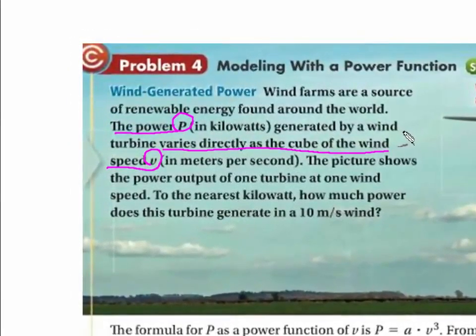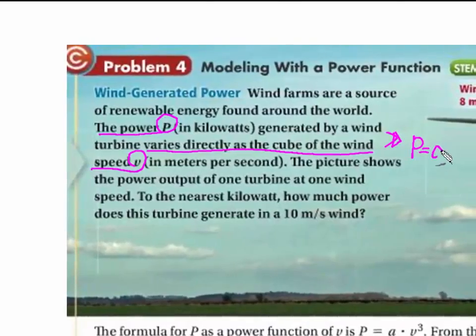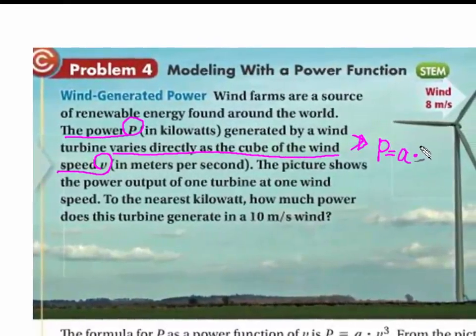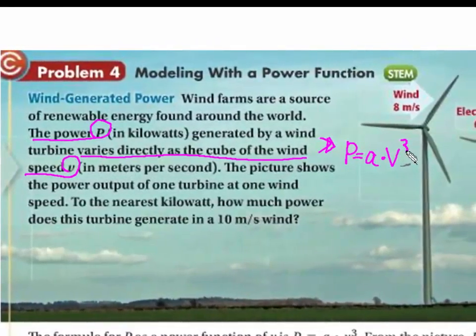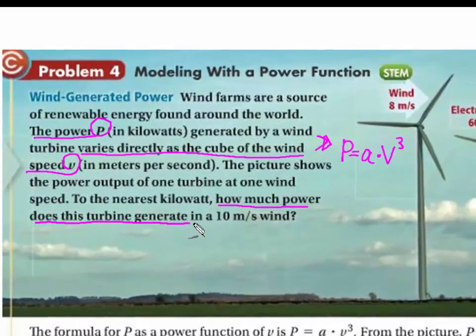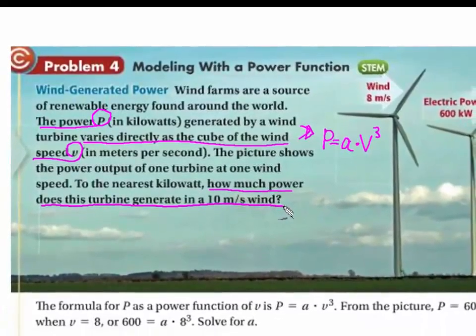Based on this sentence, we can already translate it to p equal to a times v cubed, because it is a direct variation relationship.